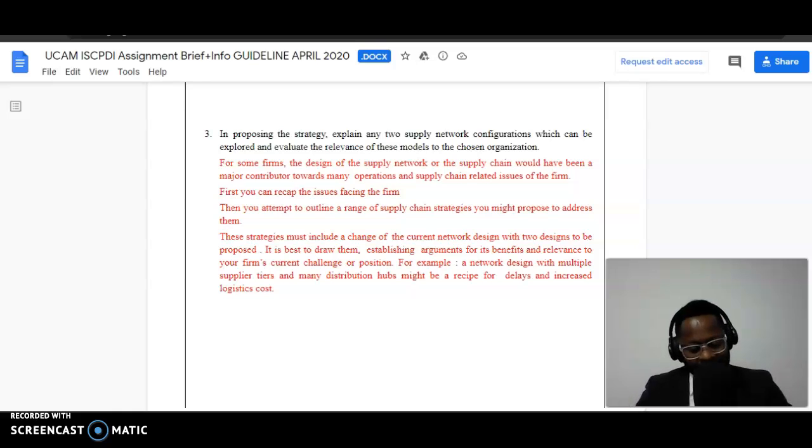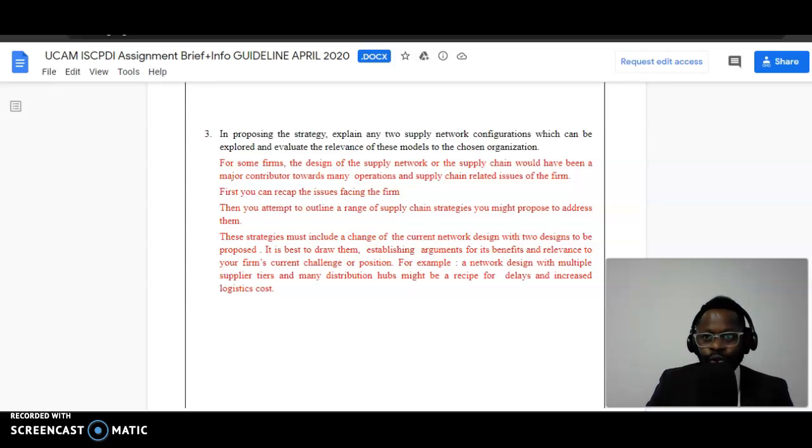I'll give an example, and I'll tell you what that example is about. Your supply chain network may see a shrinking. In some organizations, when they look at their supply chain network, it might appear to be too complex, very difficult to manage, and it may bring about some bureaucracy. So you may downsize the current network for economic reasons too. There are plants that close down all over the world. Companies are now consolidating.